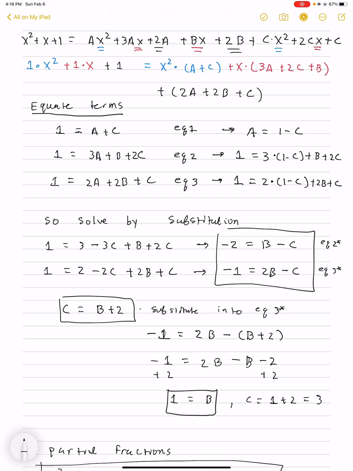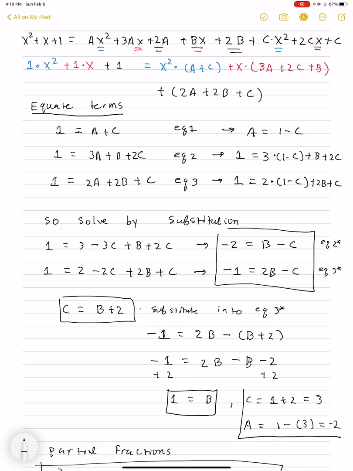Then from equation 1, we have a is equal to 1 minus c. So we'll just write that out again. a is equal to 1 minus c. c is 3, so that's negative 2.